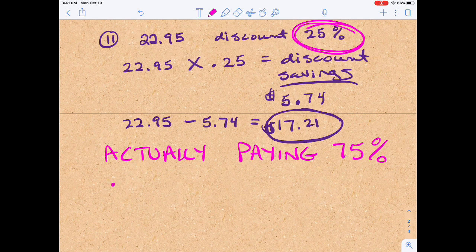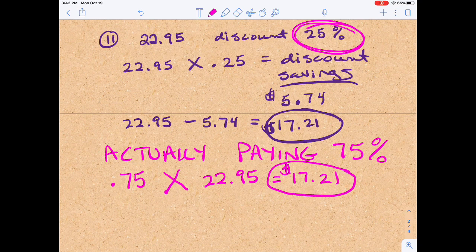So I'm going to do 0.75 of $22.95 and save myself the subtraction. 0.75 times 22.95 is 17.2125, and I will round that to $17.21. Okay, hopefully you are tapping these into your calculator right along with me so that you get the reinforcement and the practice for that.